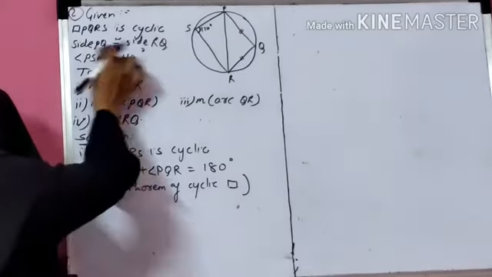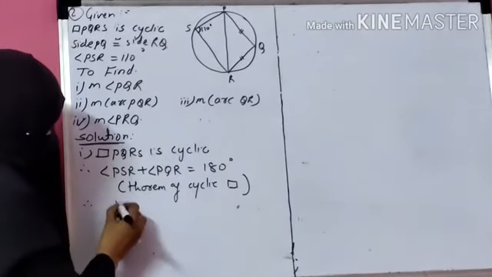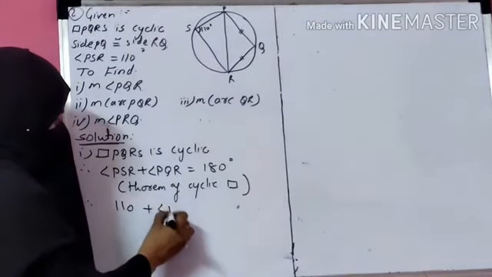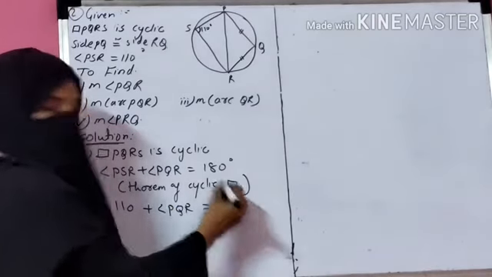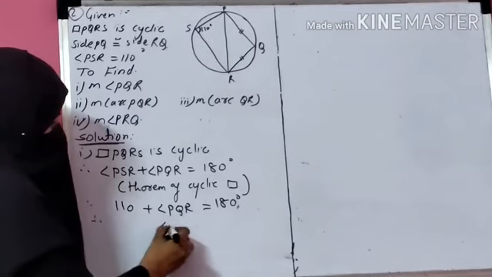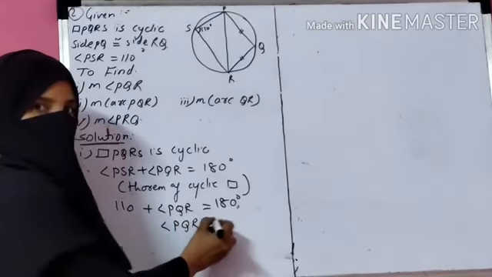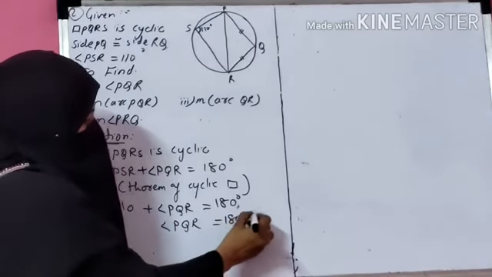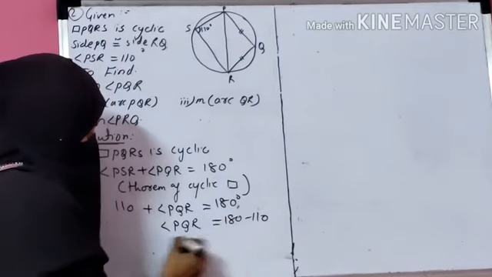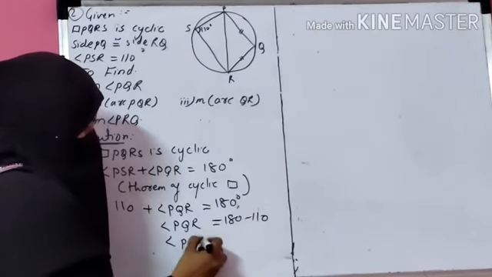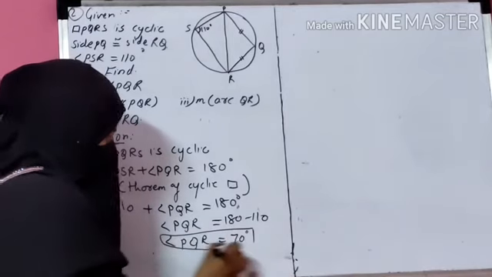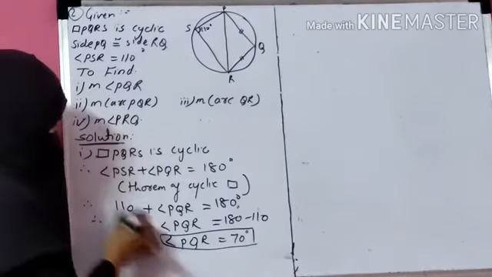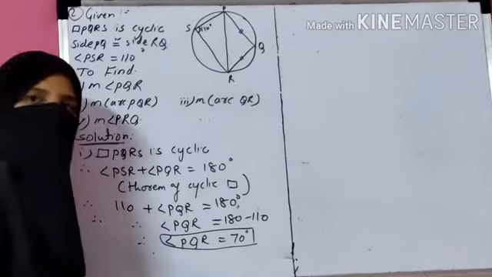Angle PSR is given as 110 degrees. So 110 plus angle PQR is equal to 180. Therefore angle PQR is equal to 180 minus 110. So angle PQR is equal to 70 degrees. So you get the value of angle PQR as 70 degrees by the cyclic quadrilateral theorem.